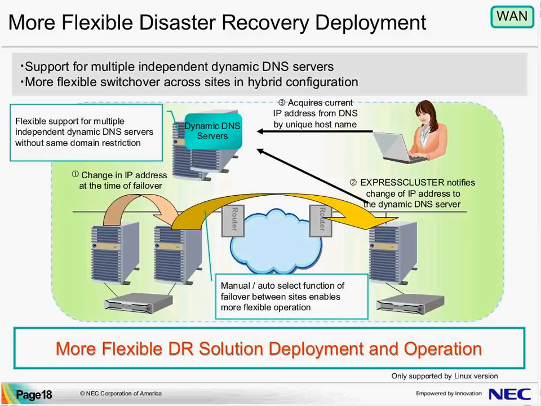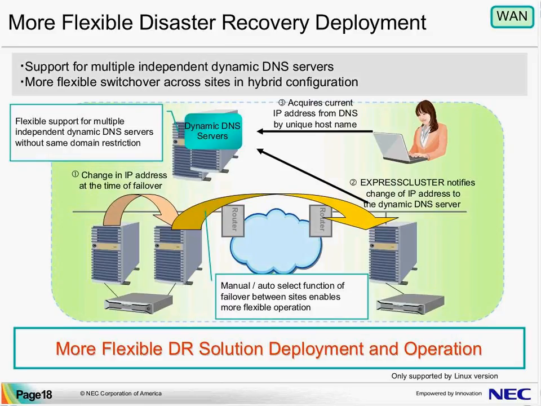So when there is a recovery action failover performed, it's sometimes necessary to also update those name servers to redirect traffic from one server to another. So that way, client systems can connect to the same host name and be redirected to the appropriate server after a recovery operation.